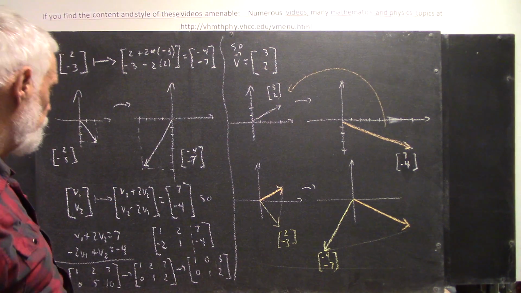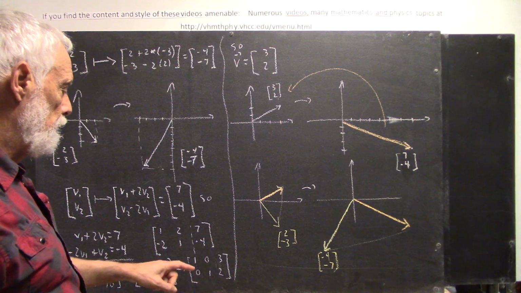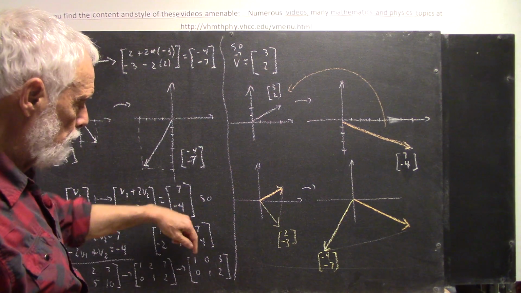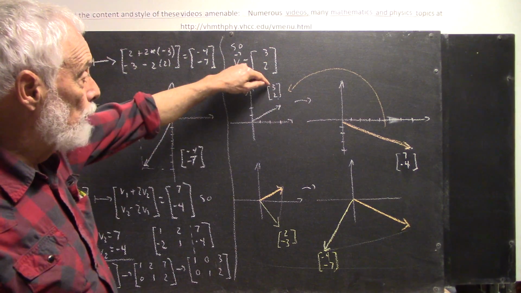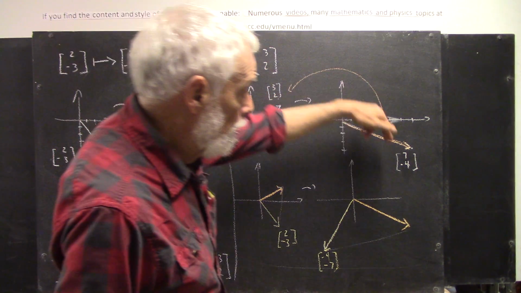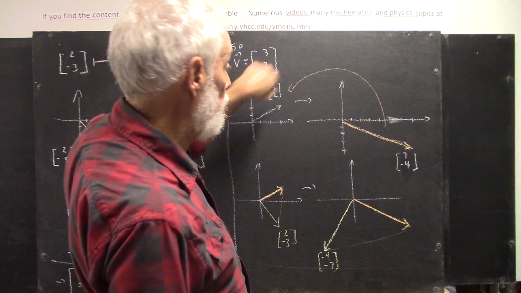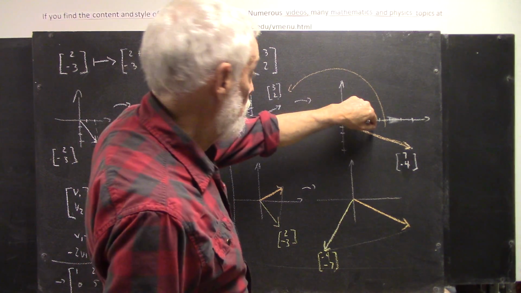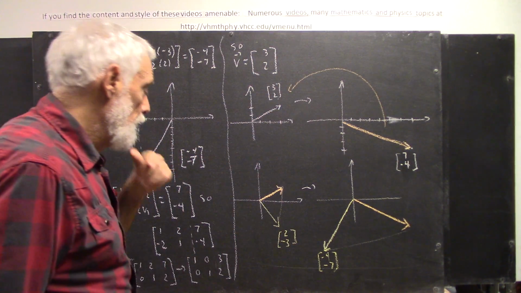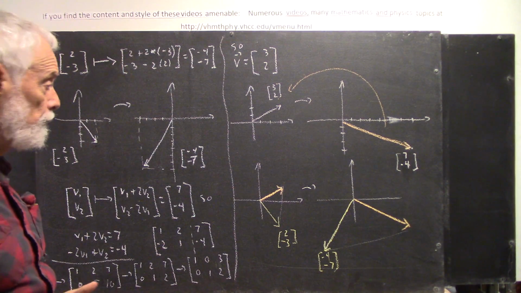But right there is the system we reduce, and when we finish reducing it, here's what we end up with, and that tells us that v1 is 3, v2 is 2, so it was the vector 3, 2 that mapped onto 7, -4. Now what we actually calculated was the inverse transformation, the vector here that maps onto this one.